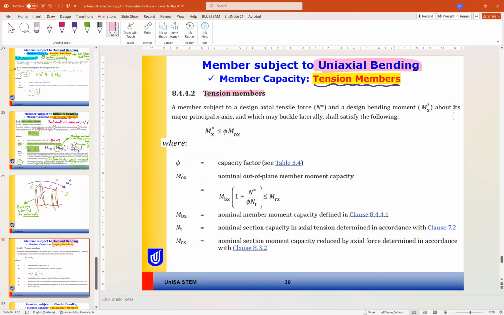In this case, for tension members, we should check: if we have a member under axial tension N* and design bending moment Mx about its major axis, so that it buckles laterally, it needs to be checked against the following formula. Mx* should be less than or equal to phi Mox.